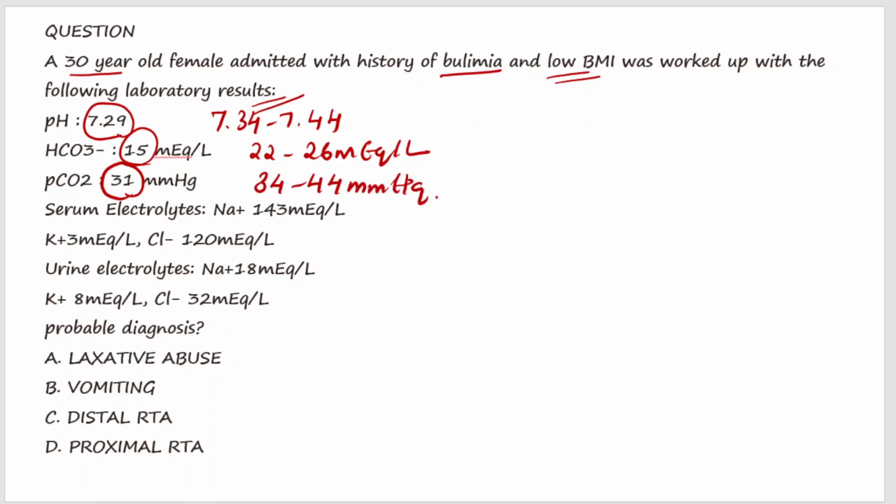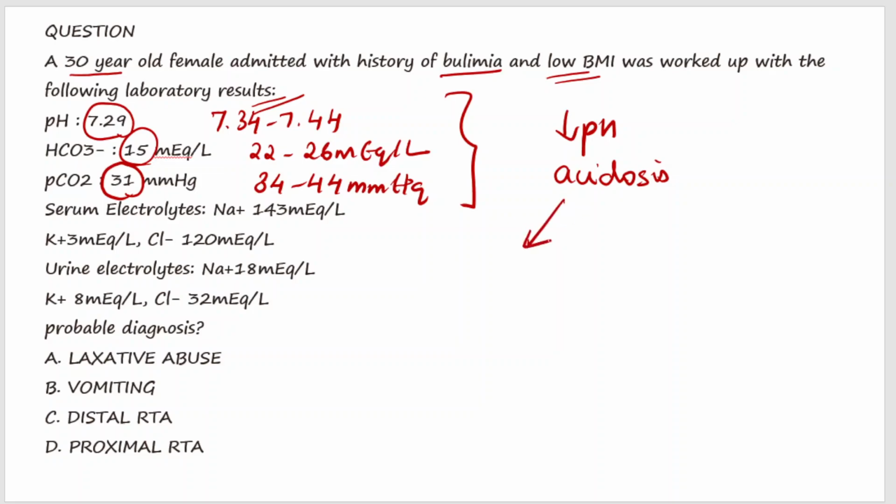So here, what do you find with these three values? You find that the pH is decreased, which means that there is acidosis. If there is acidosis, what would be your next step to find out whether it's a metabolic acidosis or respiratory acidosis?